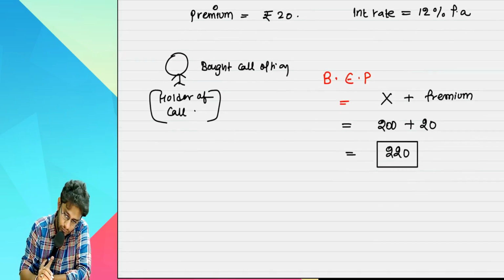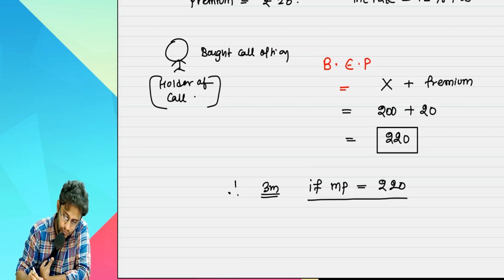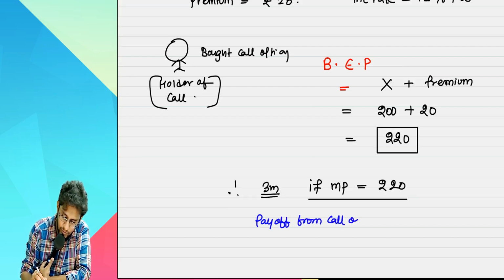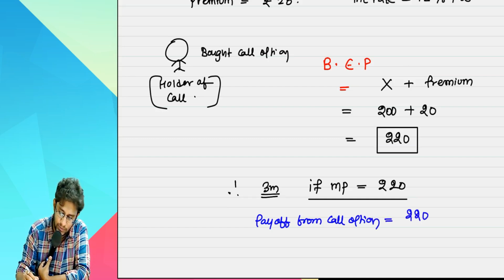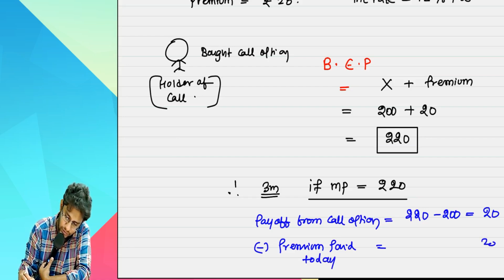Now, at 3 months, if the market price is equal to 220, the payoff from the call option is: market price 220, but I have a right to buy at 200, so 20 is the benefit, minus the premium paid today, which is also 20.